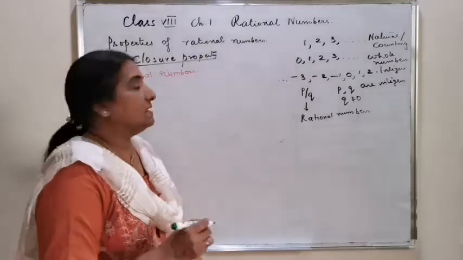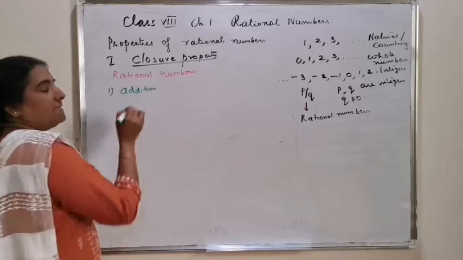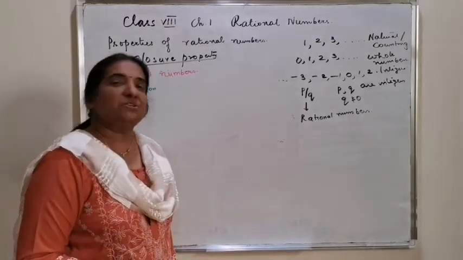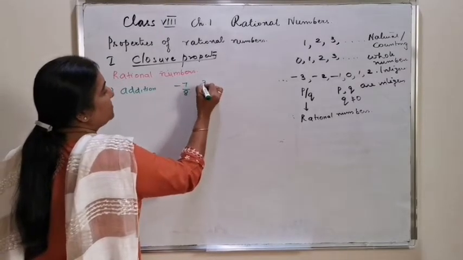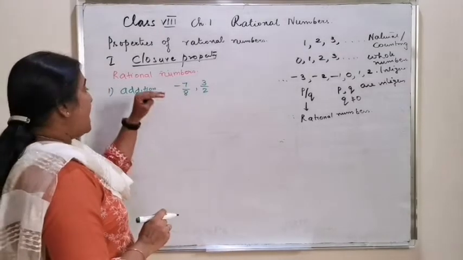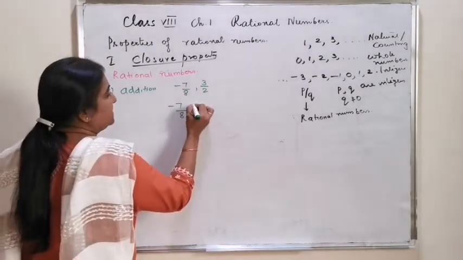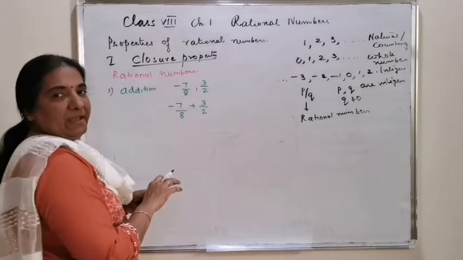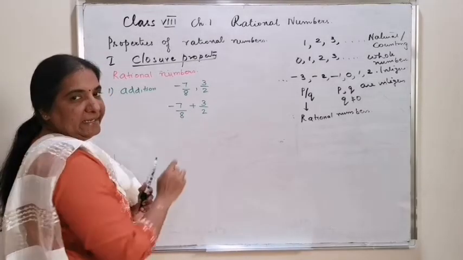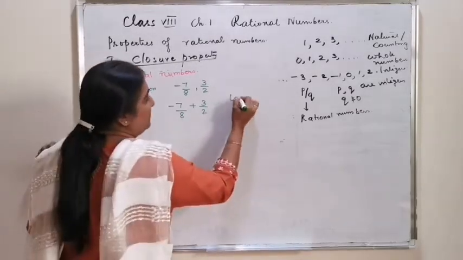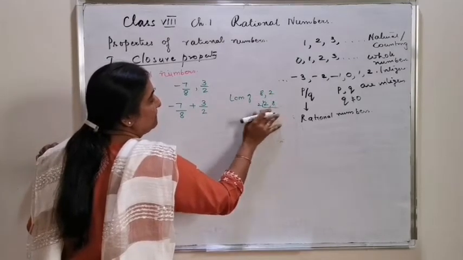The first concept of addition. Let us take two rational numbers of unlike sign, minus 7 by 8 and 3 by 2. How do you add? Minus 7 by 8 plus 3 by 2. Since the denominators are unlike, we take the LCM of 8 and 2.